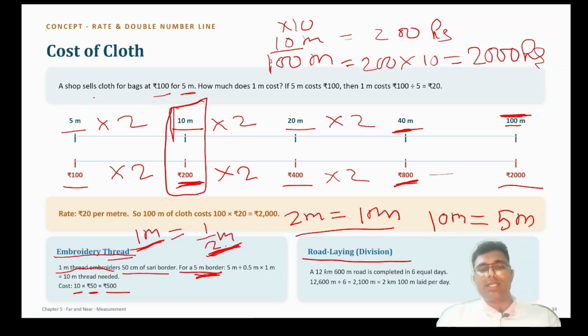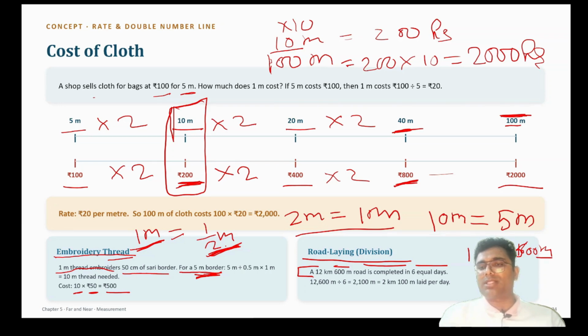Road laying division. A 12 kilometer and 600 meter road is completed in 6 equal days. We have to find in one single day, or you can say on each day, how long road is laid down. So divide the total length by the total number of days taken. But the problem is this is a mixed unit.